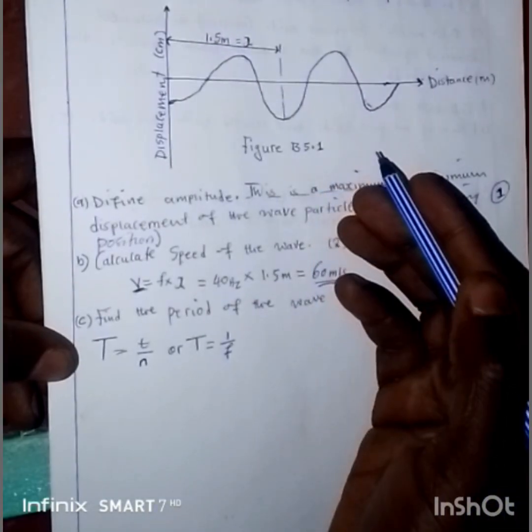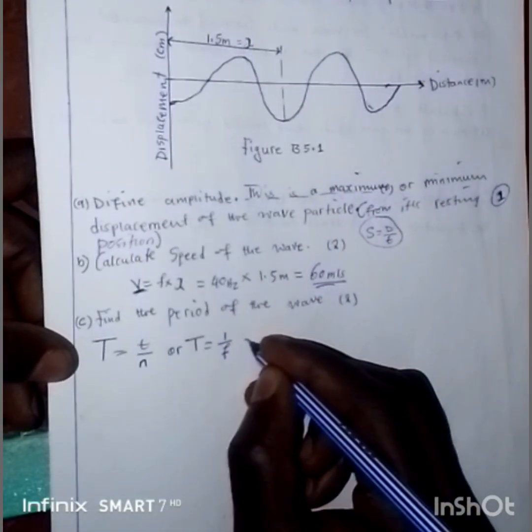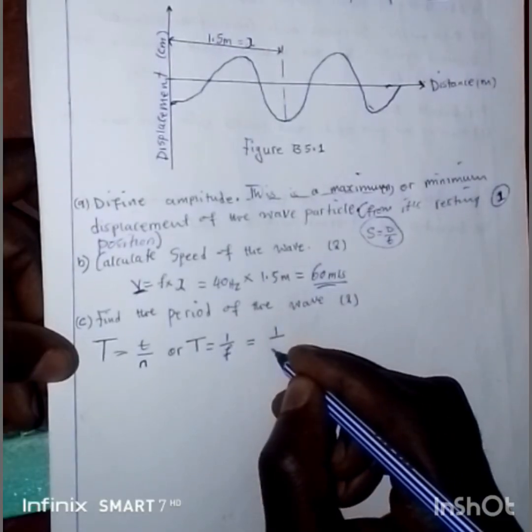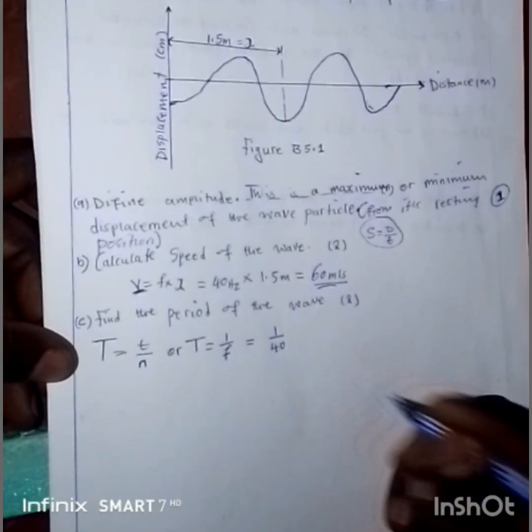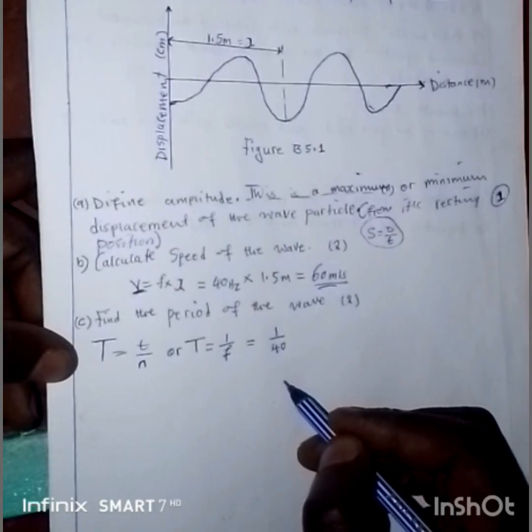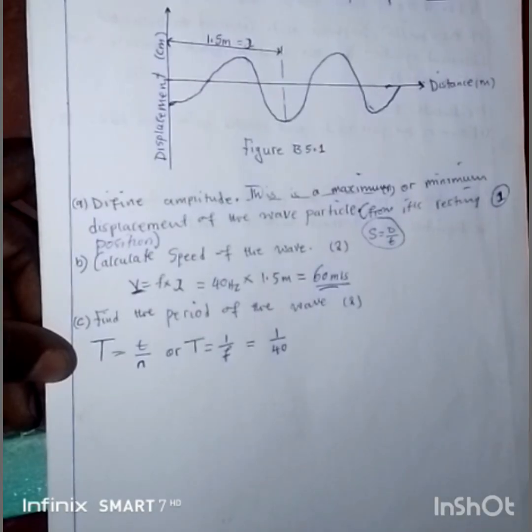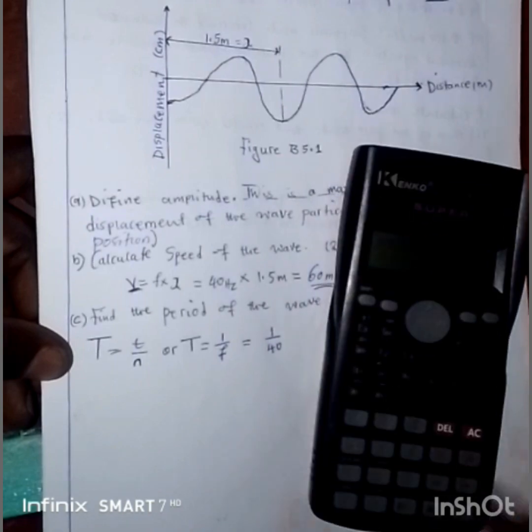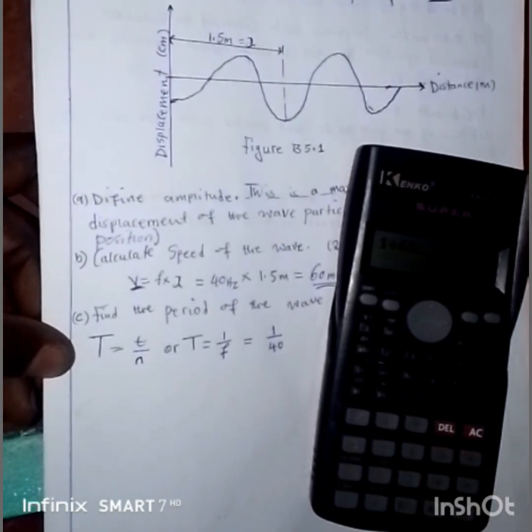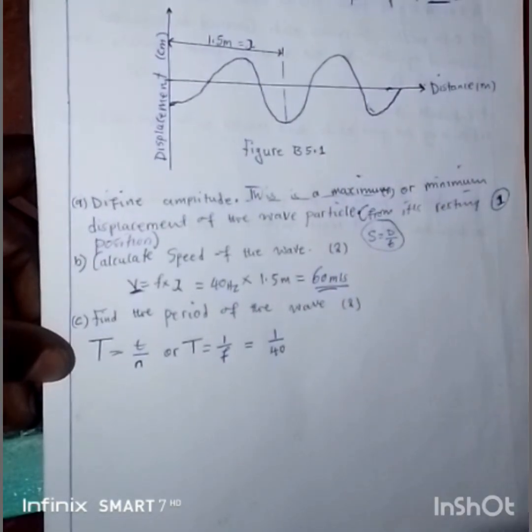Because we know the frequency, which is 40 Hz. Therefore, we say 1 over 40. If you punch it on a calculator, 1 divided by 40, that gives you 0.025.